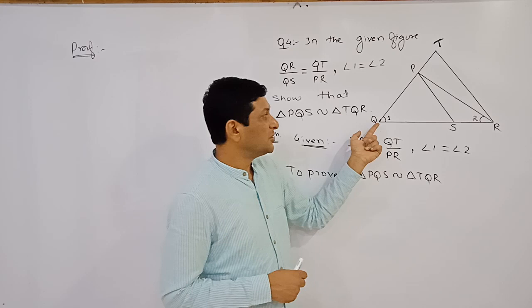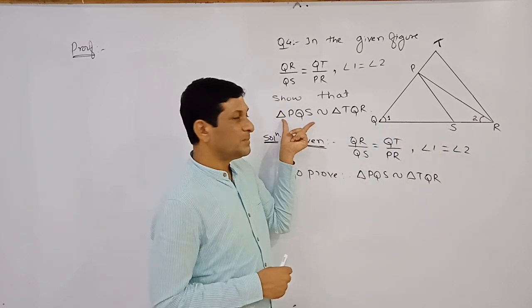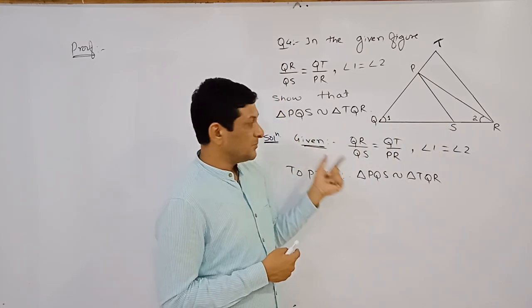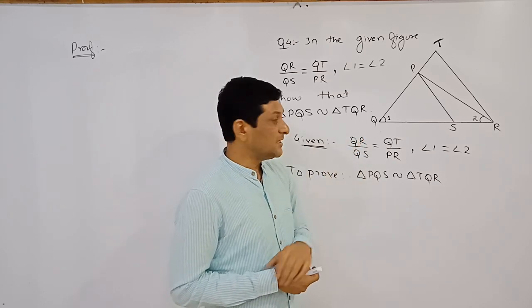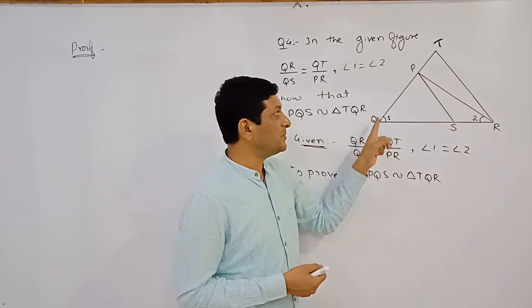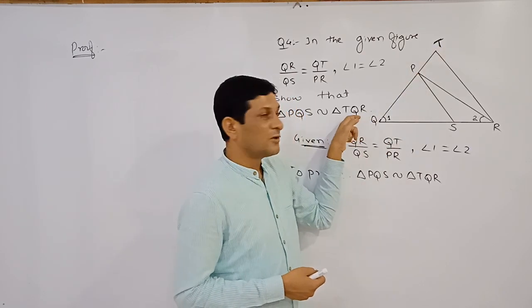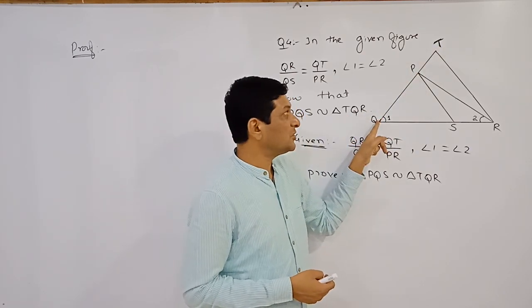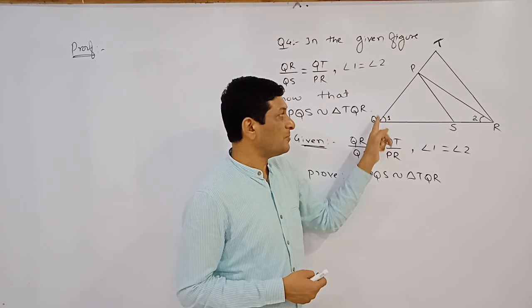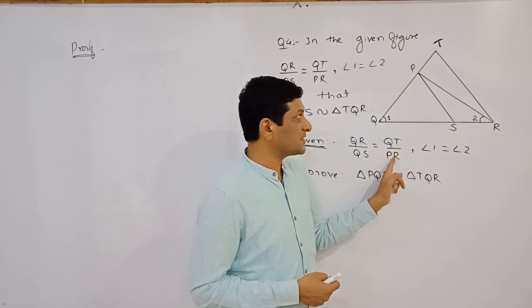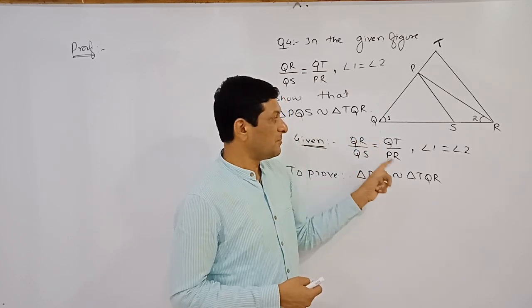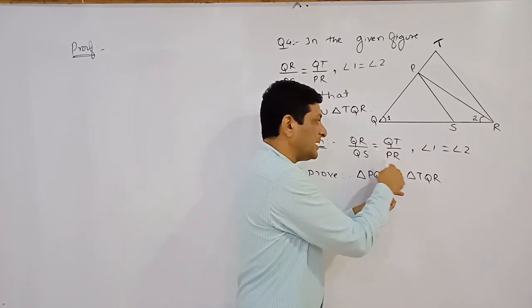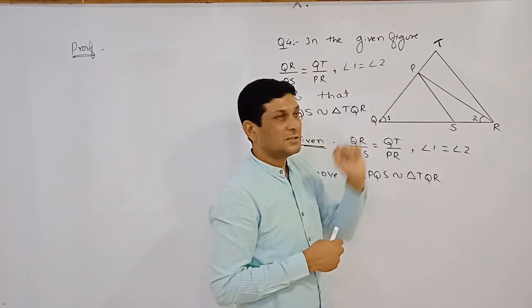TQR, and QS is the side of PQS. The ratio of this side is equal to QT upon PR. QT is the side of this triangle and QP, but instead of QP, here PR is given to us.